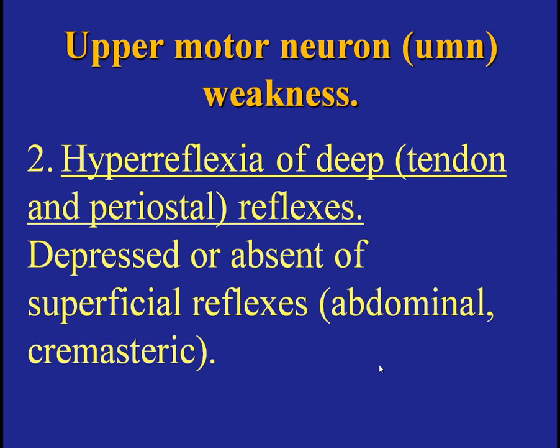So, hyperreflexia of, for example, triceps, biceps, knee jerk, ankle jerk, and absence of abdominal reflexes. These are characteristics of upper motor neuron weakness.